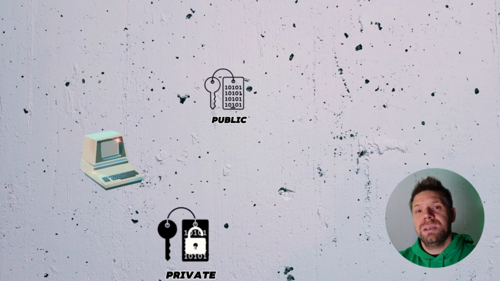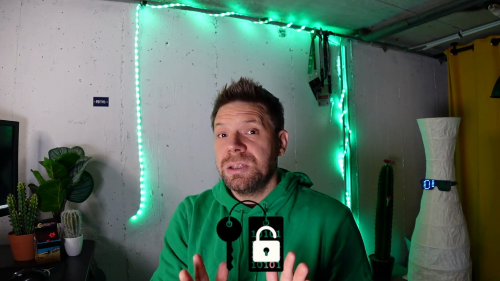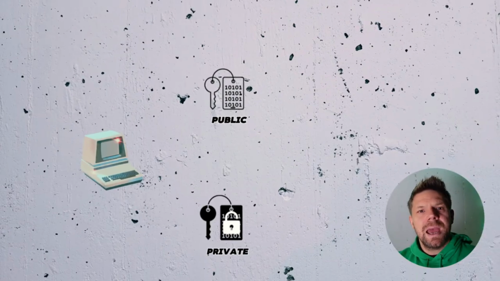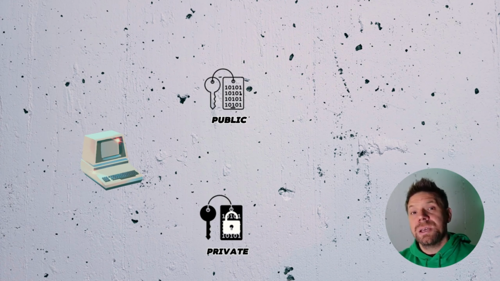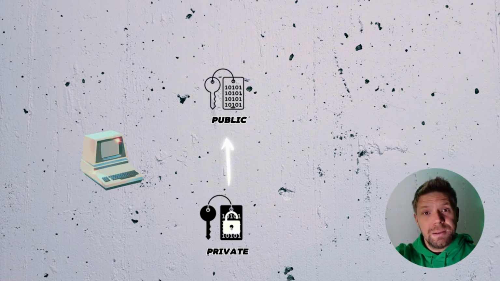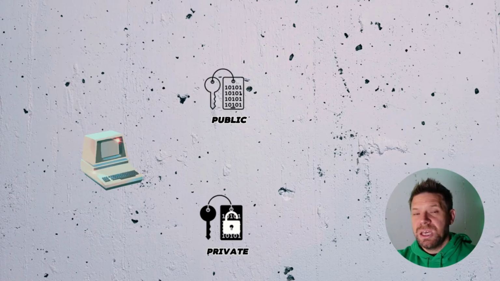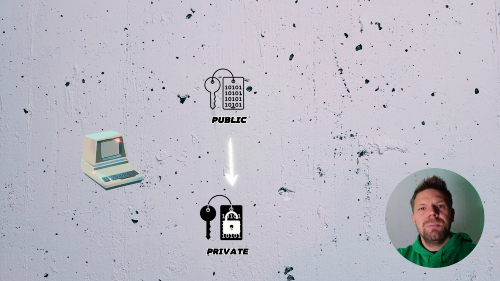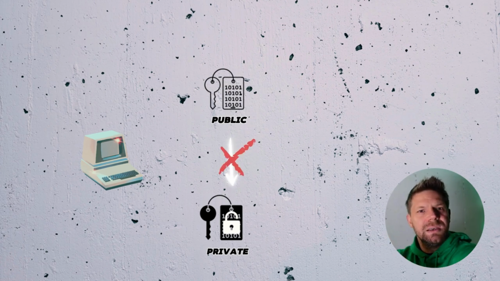These keys are commonly known as a public key and a private key. The public key is something you can share, everybody can read it, everybody can know that it exists. The private key, though, is a secret. It should be considered as a secret, and it should never be shared. The public and private key are related to each other. Using a private key, you can calculate the value of the public key, but not vice versa. If you just have the public key, you will never be able to calculate the private key value back.